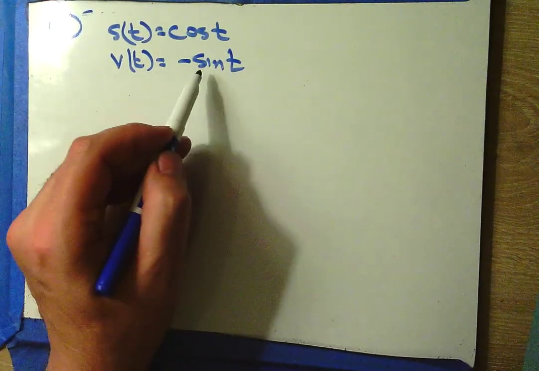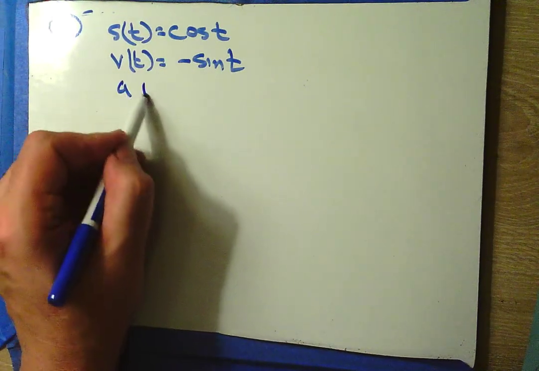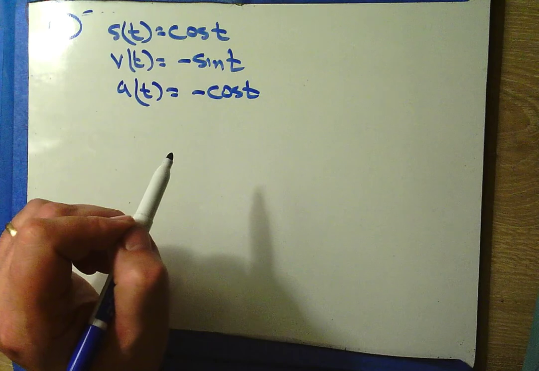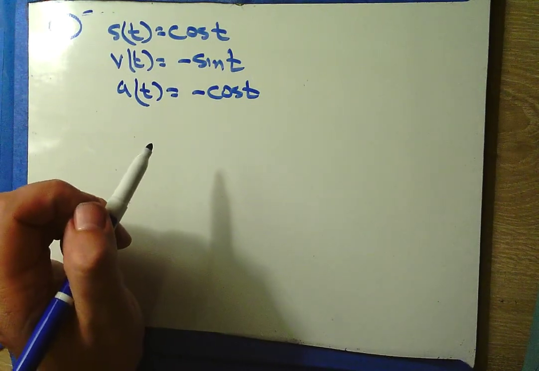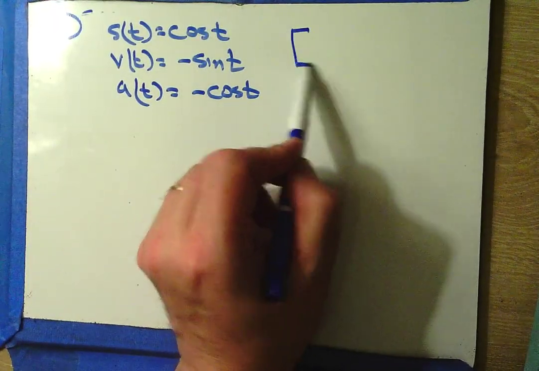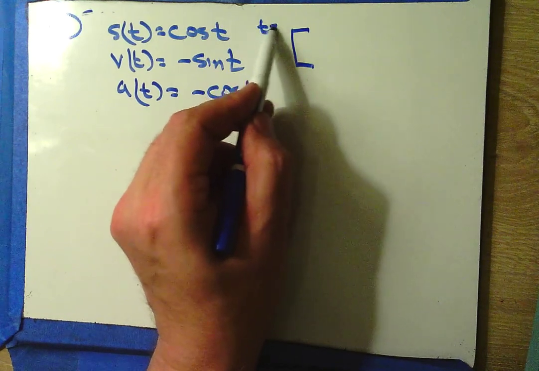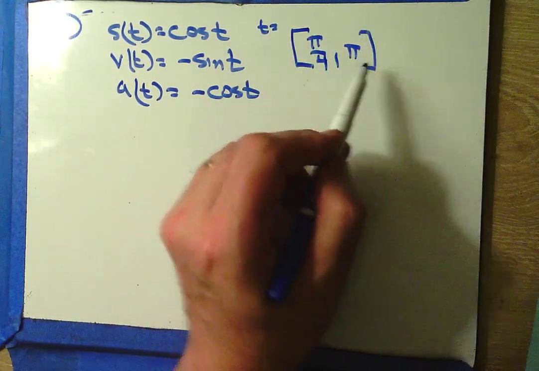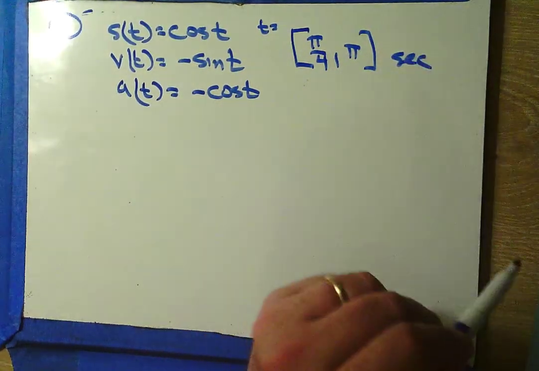And if I take the derivative of negative sine, I'm going to get negative cosine. Okay? So we need this information. We're also only talking about t equal to pi over 4 to pi seconds.